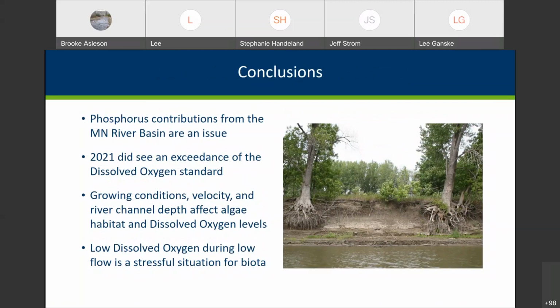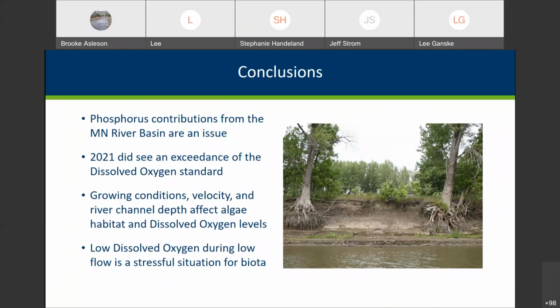And the issue that I'm getting at here is that we saw the exceedance in the river eutrophication standard in the data that was collected, and that portion of the river is listed upstream of this 22-mile reach for river eutrophication. And that phosphorus, like I said, is fueling the algae, and the algae dying and decomposing is having effects on the dissolved oxygen. So they're all intertwined together, but they're all affecting aquatic life.